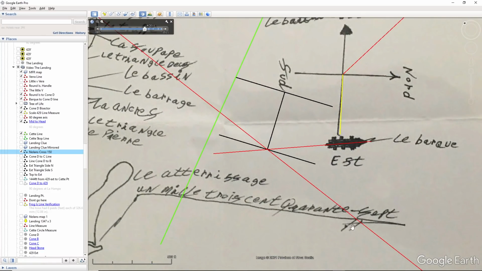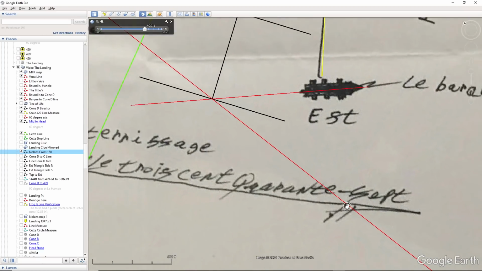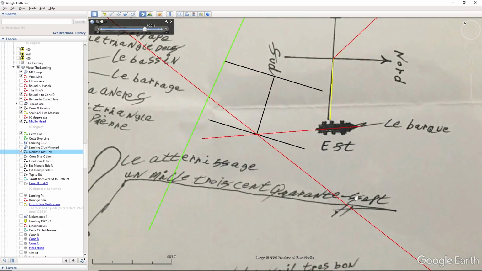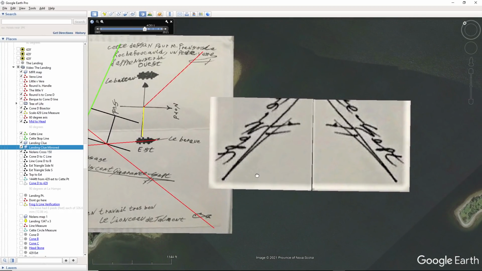Now, we can see that that looks similar to that right there, but it's on the opposite side. And what this is doing is it's giving us a concept of mirroring. So over here, we have the original of how it looks on the document.